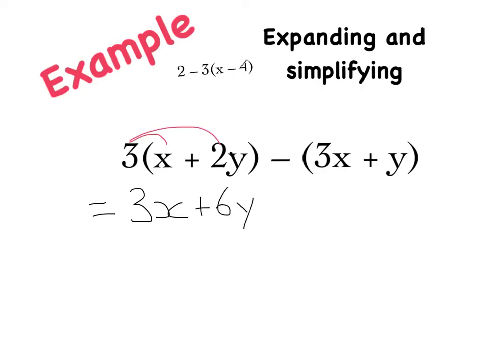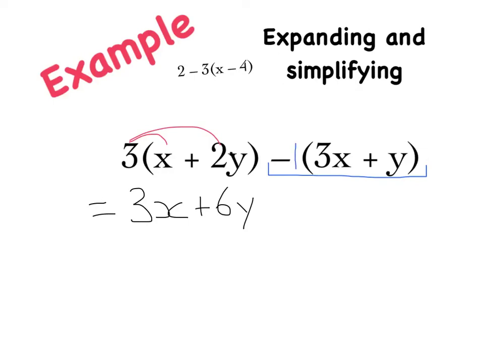Now, let's have a look at this guy over here. He's a little bit more tricky. I've noticed that there is no number directly next to the bracket. There's just a negative sign. Whenever you see a negative sign or a positive sign directly next to a bracket and no number before it, imagine you've got a 1 in there. Imagine you've got a 1.